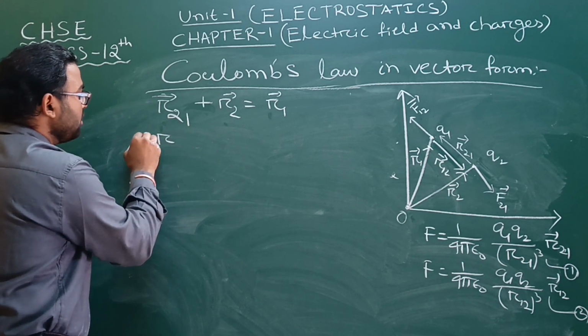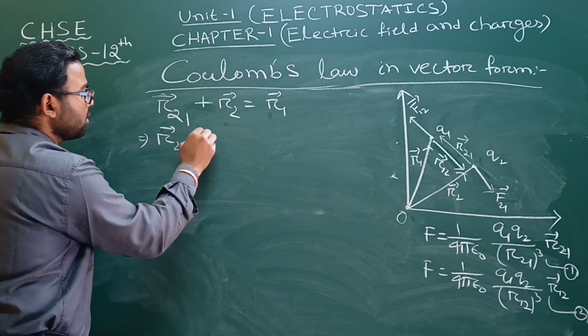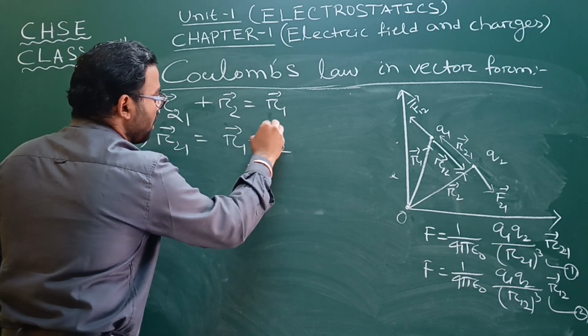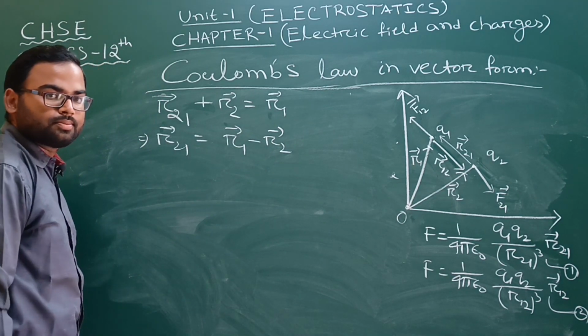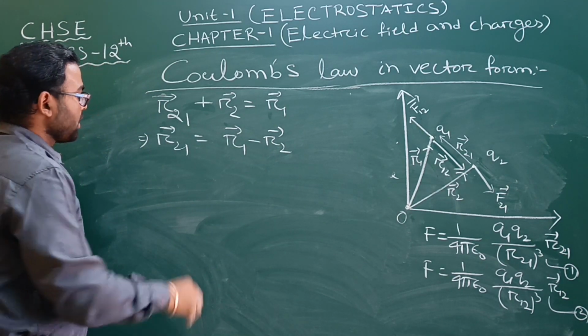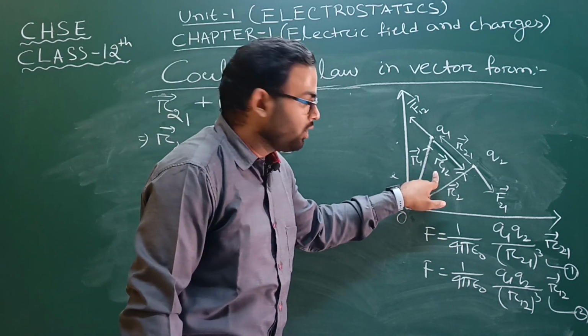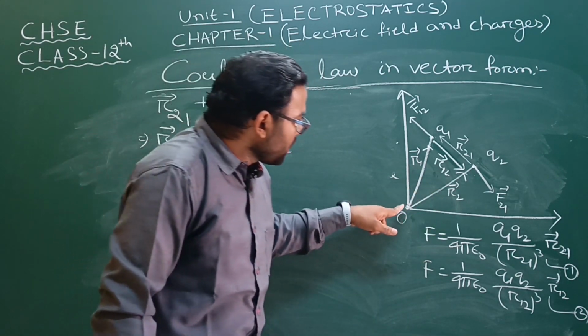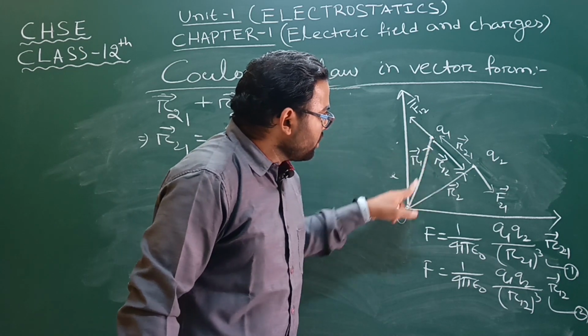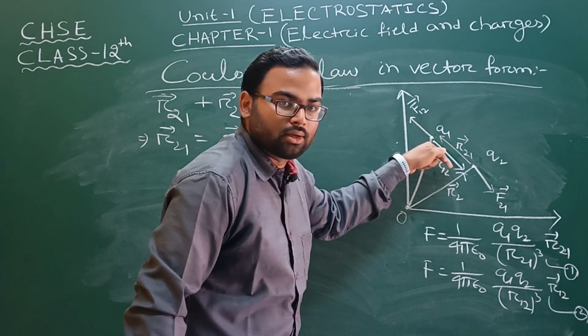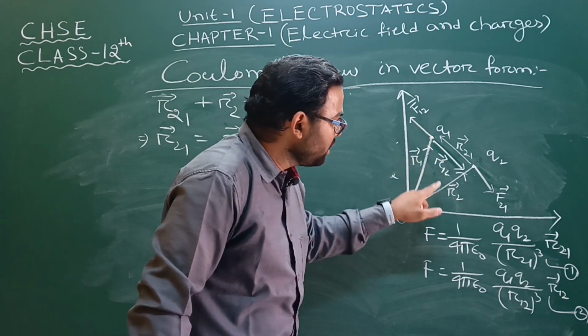So what will be the value of R21 vector? That is equal to R1 vector minus R2 vector. Okay. Similarly, we have to calculate the value of R12. See, OQ1, this vector, or R1 vector and R12 vector are acting simultaneously.